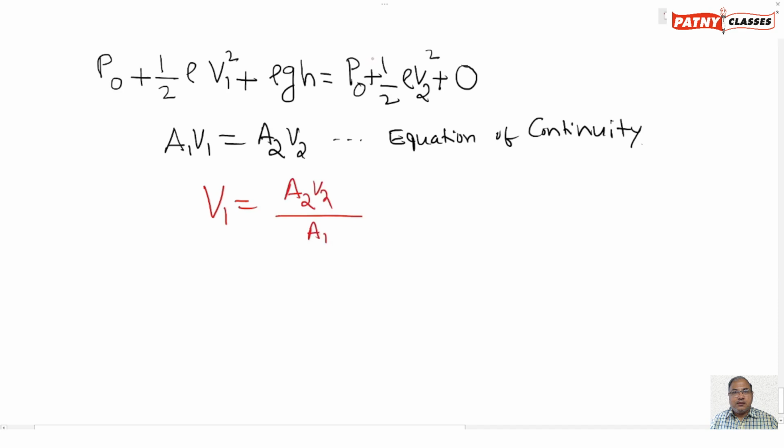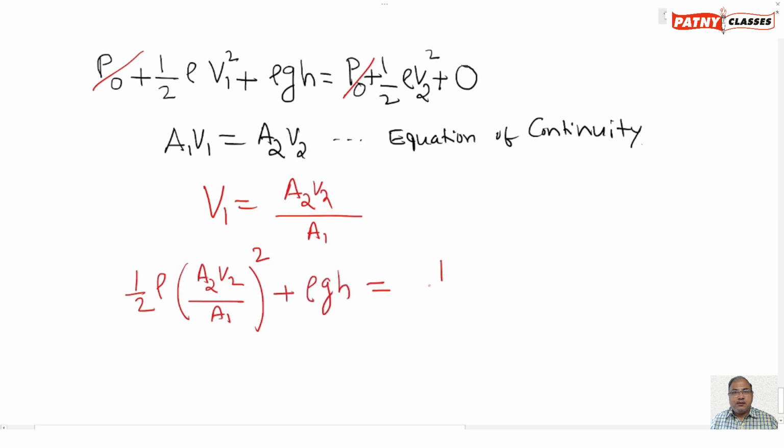In Bernoulli's equation, P naught and P naught get cancelled. So we get half rho, and in place of V1, we can write (A2 V2 divided by A1) whole square, plus rho g h equals half rho V2 square.